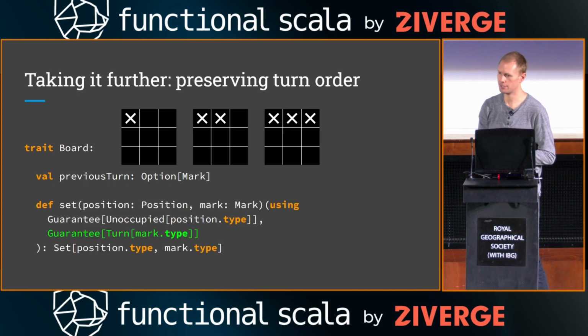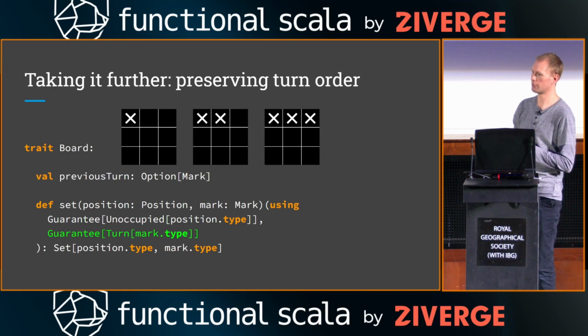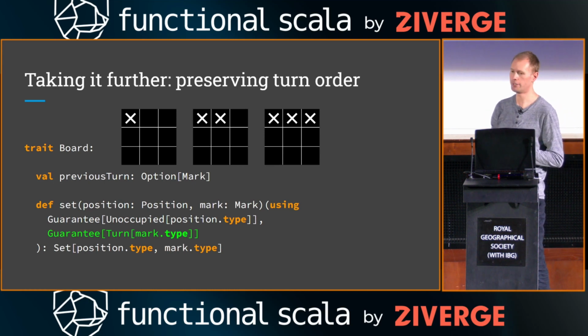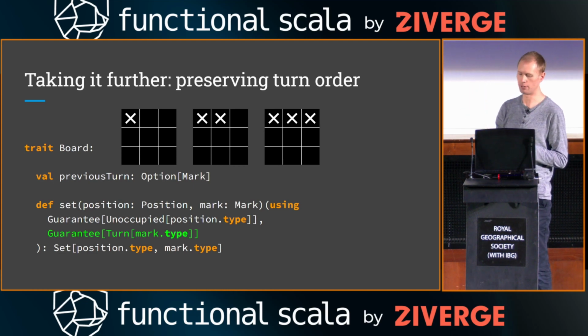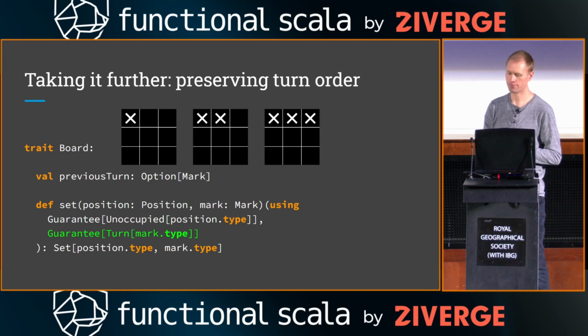So we have that guarantee that wherever they're trying to mark is unoccupied, but we also need a guarantee that it is the turn of the person of that mark who is moving. And we won't implement it, but we follow a similar approach that we did with unoccupied. And now our API is nice and impossible to use unless we lie with the guarantee trust stuff.